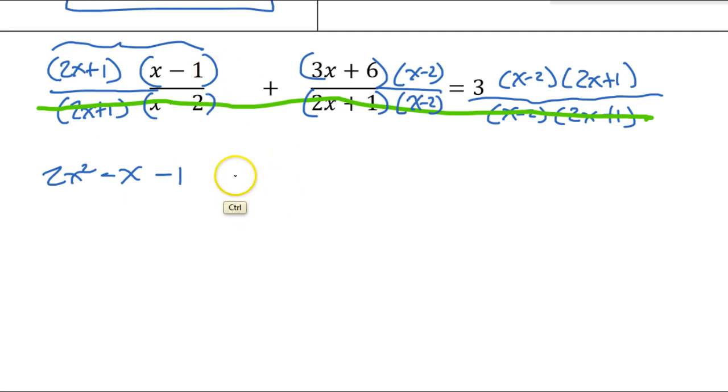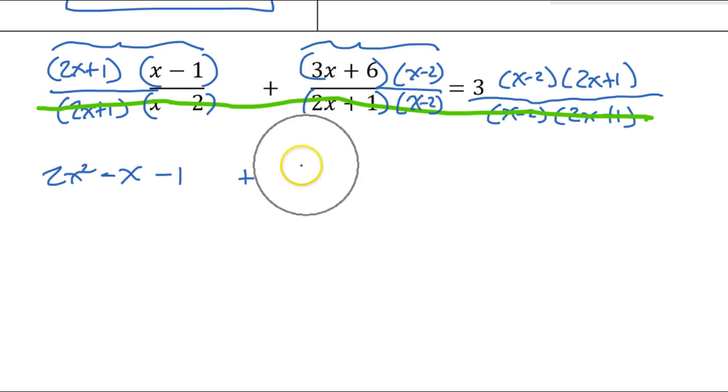So I get that. If I do this pair right here, 3x times x, of course, is 3x squared. Now I'm going to do my inner plus outer again. Inner, I've got 6x. Outer, I've got negative 6x. So those cancel each other out. So 6 times negative 2 is negative 12.